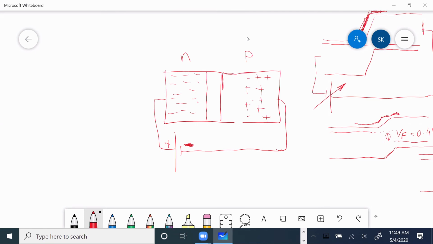This was the junction. The depletion region now widens, and so does this side, because the positive pole of the battery attracts electrons, and now the depletion region widens.